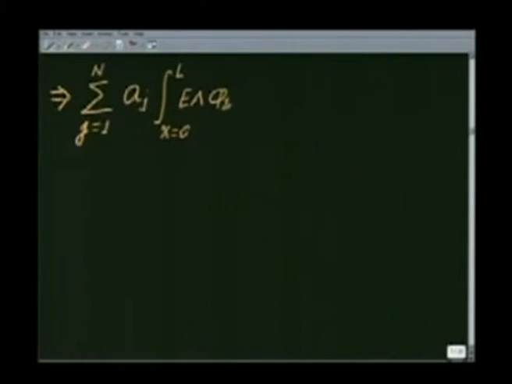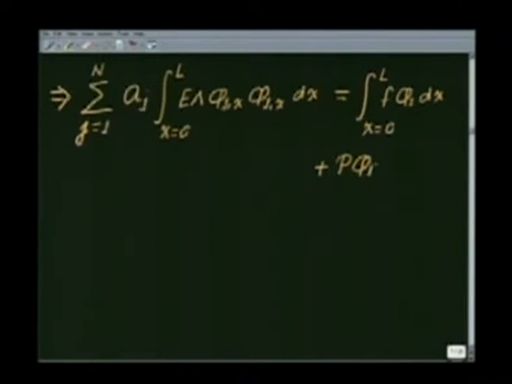Phi j comma x phi 1 comma x dx is equal to, by taking the other part to the right hand side, integral x is equal to 0 to L f phi 1 dx plus p into phi 1 evaluated at x equal to L.